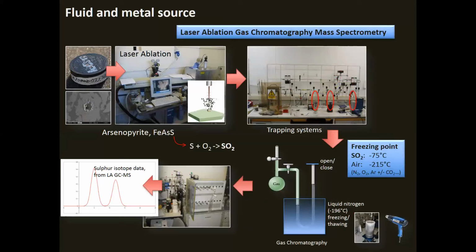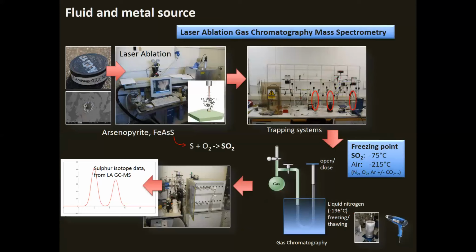And then after closing the valve, we will thaw this part of the sample again, which makes the SO2 release, and we can push the SO2 onwards to the next trap.